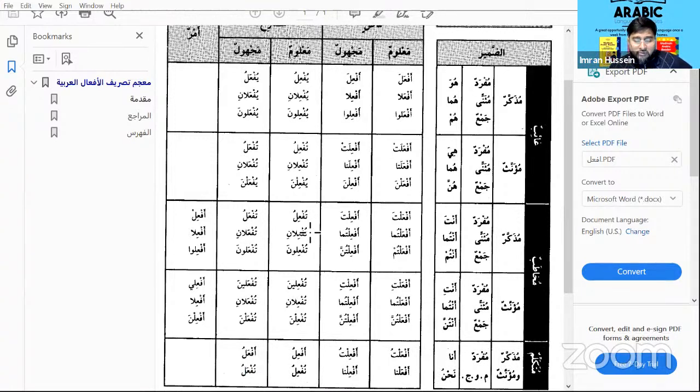We look at the middle letter. If it's a kasra or a fatha, we bring a hamzatul wasl with a kasra. If the middle letter is a dhamma, the hamzatul wasl is given a dhamma. However, when you do the four-letter verbs, you don't bring hamzatul wasl.